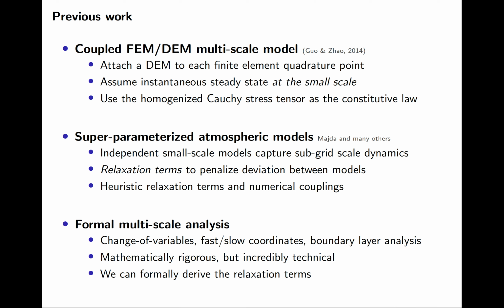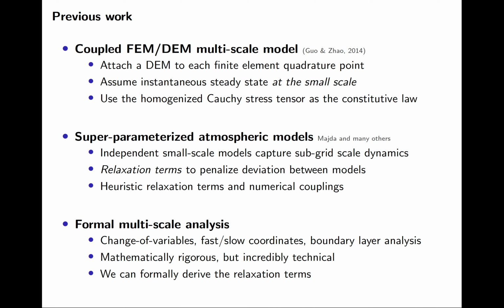And that's not to say that there aren't many papers on this approach that are incredibly rigorous, but the goal is more of a heuristic motivation than it is a mathematical one. And then the third approach is a more formal multi-scale analysis using techniques like change of variables or fast and slow coordinate system or boundary layer analysis, which, if anybody's taken a fluid dynamics class, everybody knows that these types of approaches are very, very rigorous, but also incredibly technical and incredibly difficult to derive.